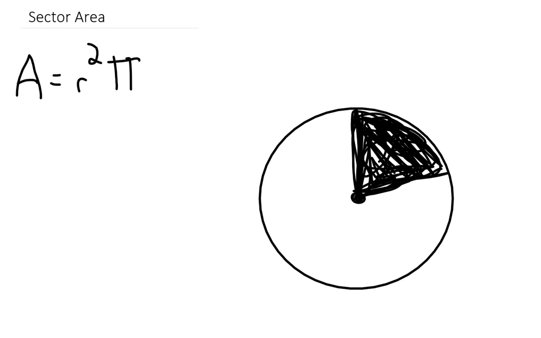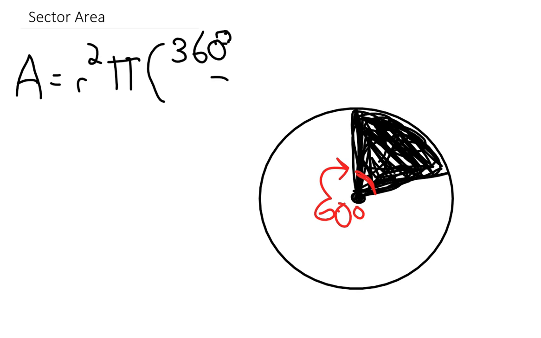If we give this some sort of measurement, let's say for my sector here, I've got a 60-degree angle. Now when we're talking about a whole circle, we're talking about 360 out of 360 degrees. So we're talking about the entire circle here.